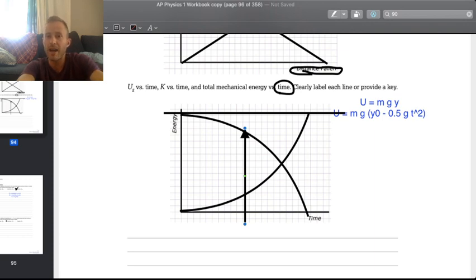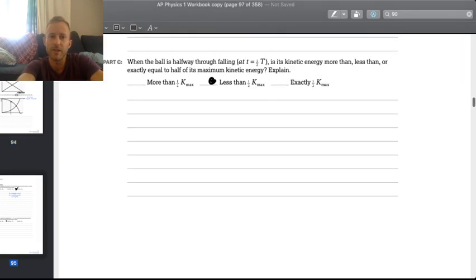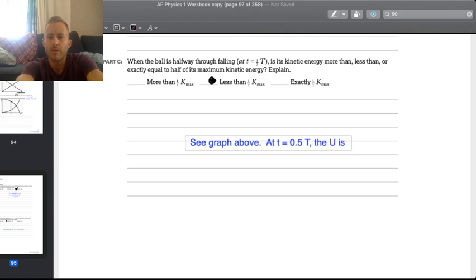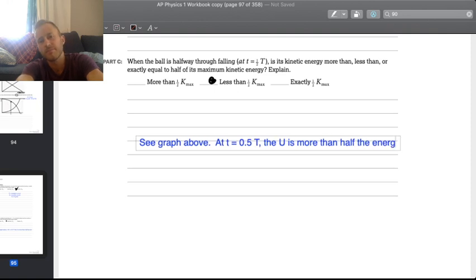So I have more than half potential energy and less than half kinetic energy. So I would say, see the graph at t equals 1/2, the potential energy is more than half the energy.